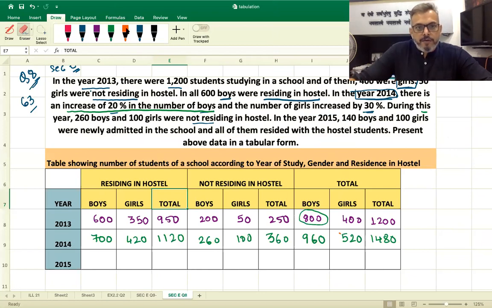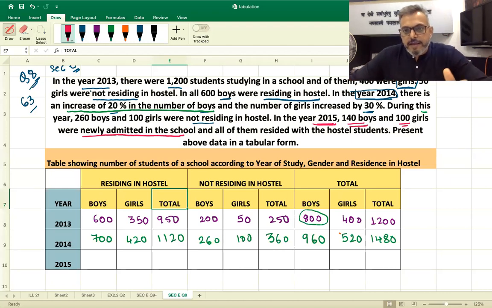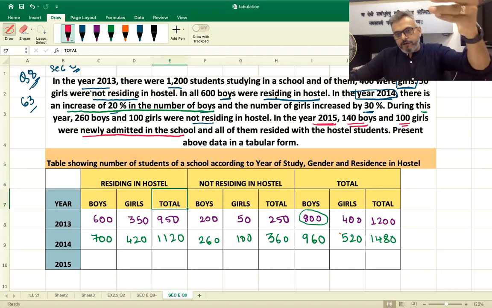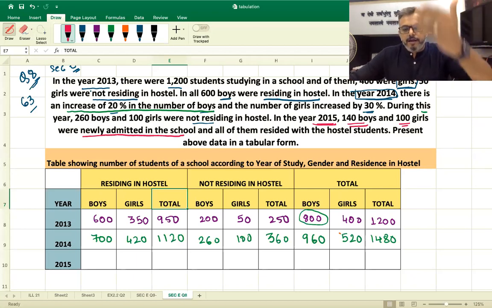Okay, now in the year 2015, 140 boys and 100 girls were newly admitted in the school. એનો મતલબ એવો છે કે જેટલા પણ 2014 માં સ્ટુડન્ટ્સ હતા એમાં 140 new boys took admission and 100 new girls took admission.